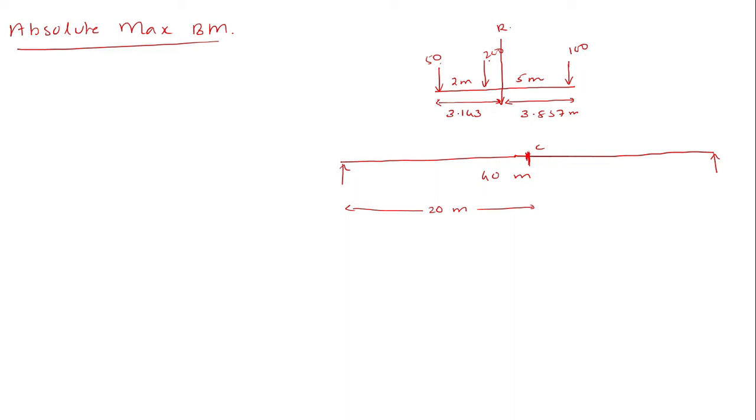So let me go to each of these cases separately. Sometimes we may not need to take all of these cases, depending upon the position of loads. For example, in this question, the case in which the point C is equidistant between 50 and R, the chance of getting the maximum bending moment in such a case is less.